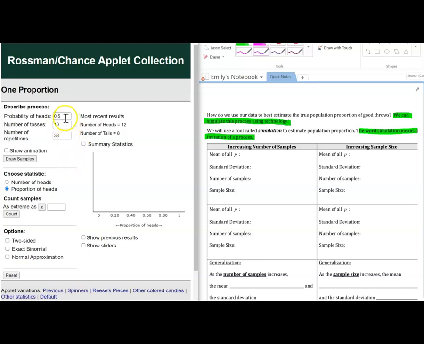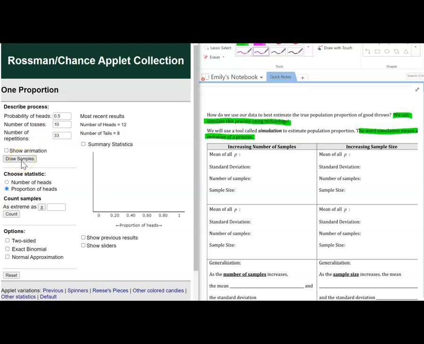So assuming that the theoretical probability of getting a good thrower is 0.5, this is going to simulate me getting 10 baseball players, just like what you guys did, finding the proportion of good throwers and plotting a point, and it's going to quickly do it for me 33 times. We'll see how my data here compares to the data that we did together.